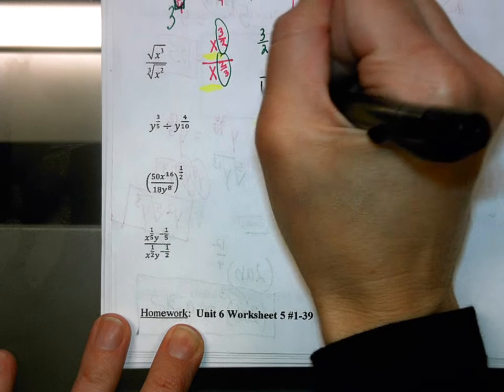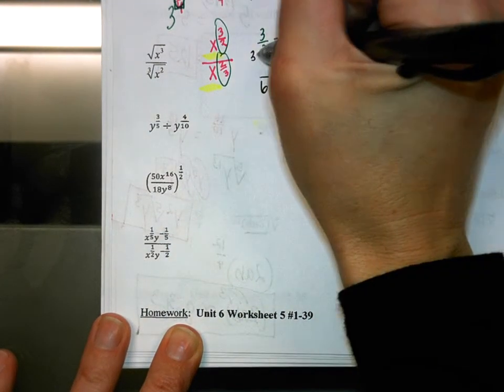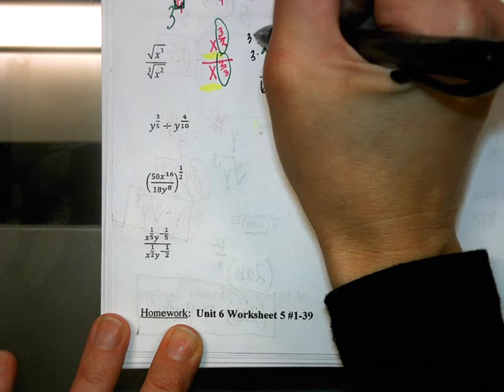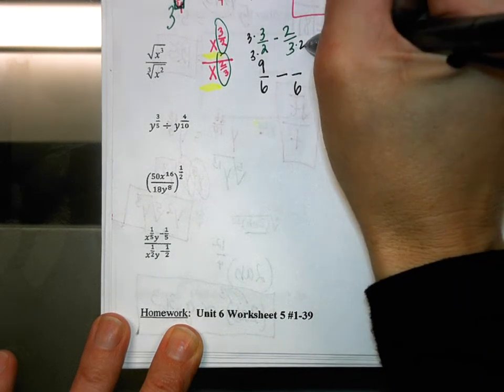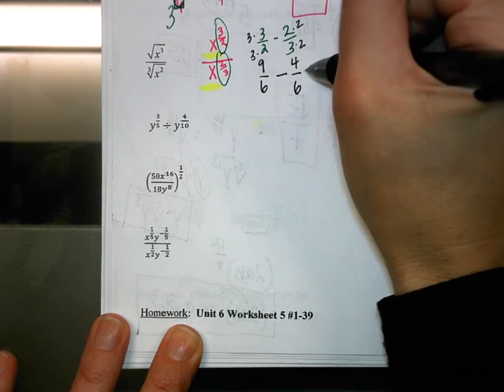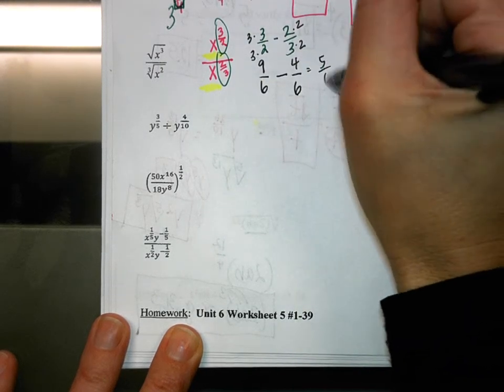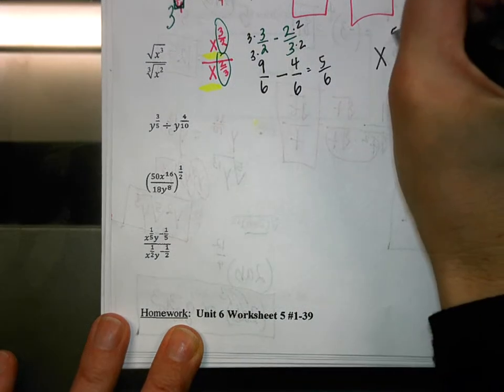So 3 times 2 is 6, so 3 times 3 is 9. Here, 3 times 2 is 6, so 2 times 2 is 4. And then 9 minus 4 is 5/6. So how do I write this answer? X to the 5/6.